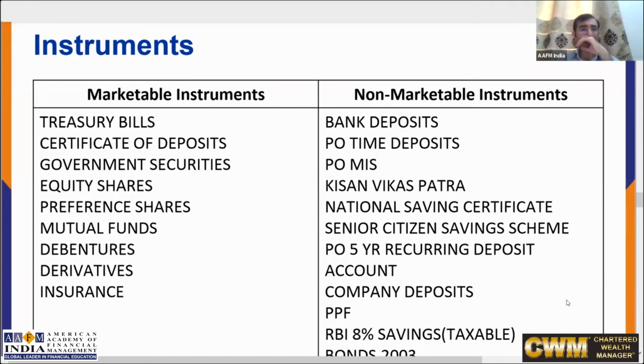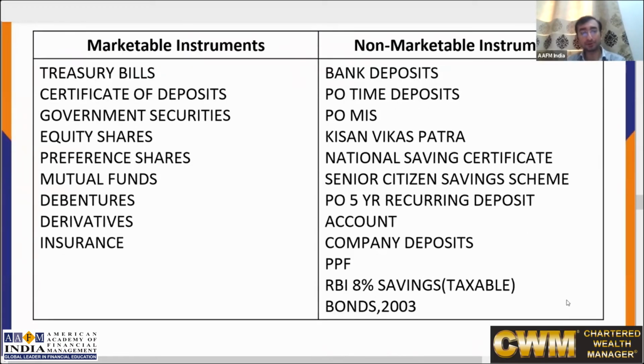Insurance as such may not always be marketable. In India it is not marketable, but in other countries there can be policies which can be exchanged, not the pure term insurances, but other policies like annuity type policies. But generally they also come under non-marketable securities, because insurance is basically an individual, personalized contract between you and the insurance company.